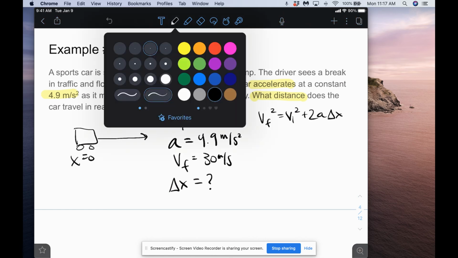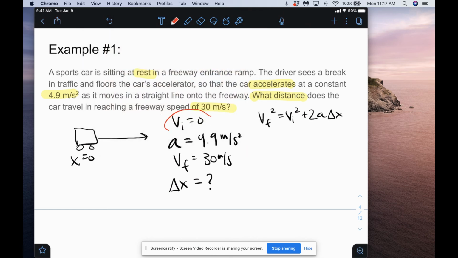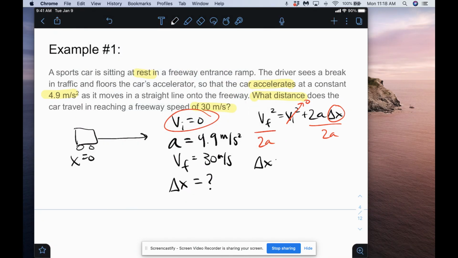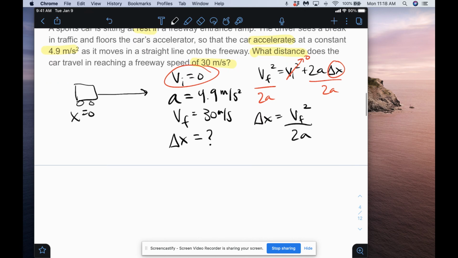And so here I know that the initial velocity is 0. So this whole term right here is going to be 0, and it's going to cancel out. Now the next step, because I'm solving for delta x, is to divide by 2 times the acceleration on both sides. And so here I get delta x is equal to v final squared divided by 2 times acceleration. And now I can plug in my numbers.